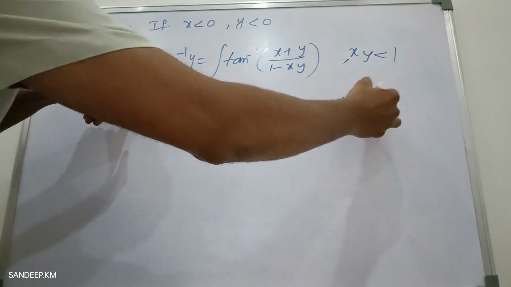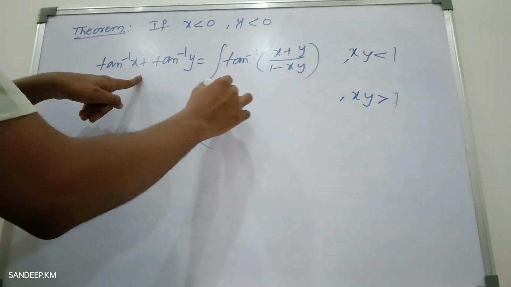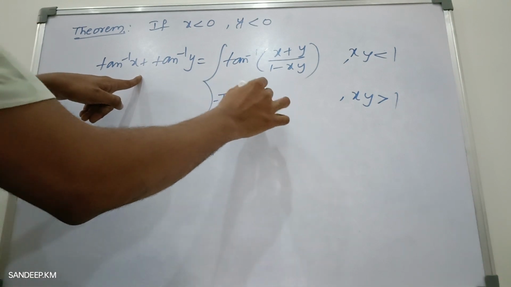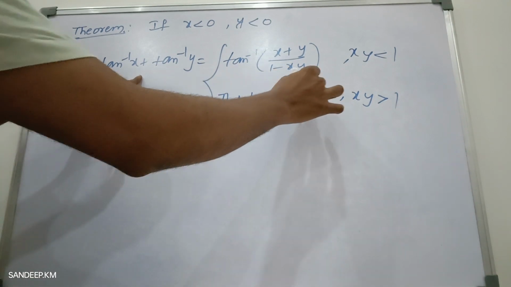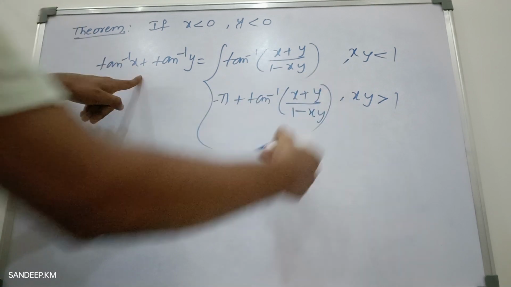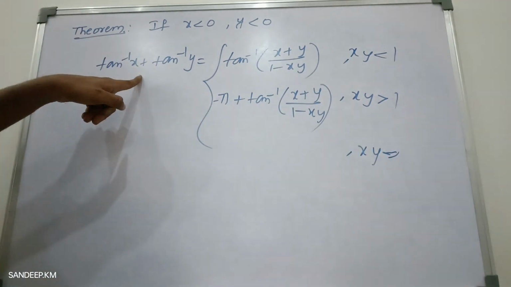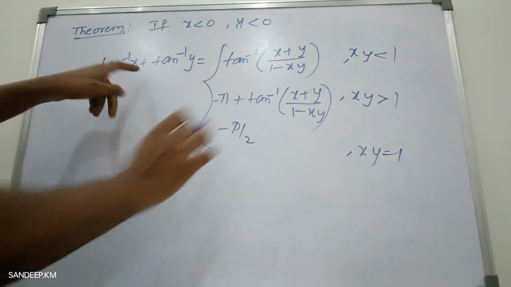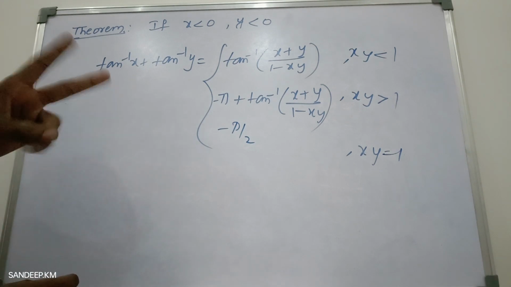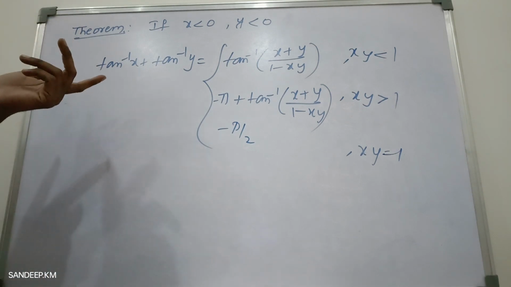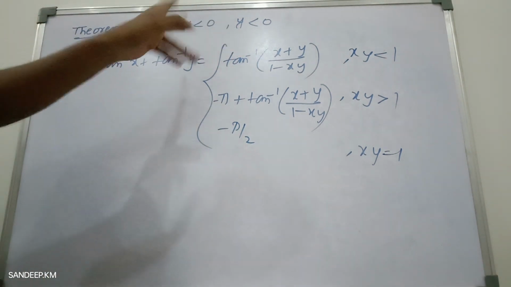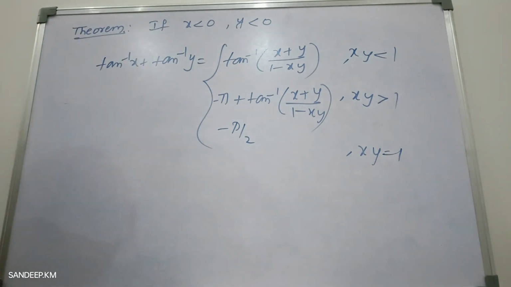If xy is greater than 1, this is equal to minus pi plus tan inverse of x plus y by 1 minus xy. And if xy is equal to 1, this is equal to minus pi by 2. Two different theorems: the previous theorem was when x and y both are positive, and this theorem is when x and y both are negative.